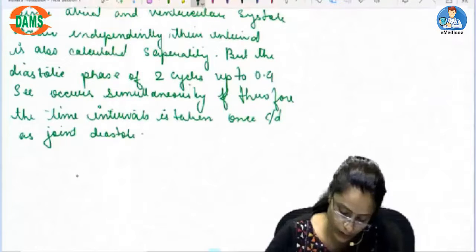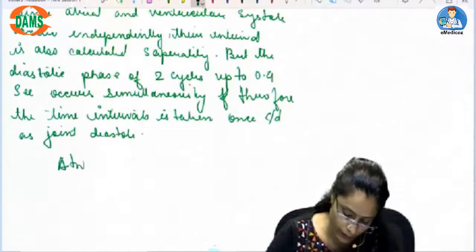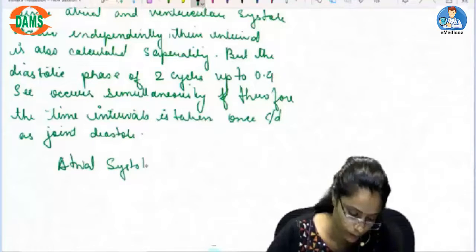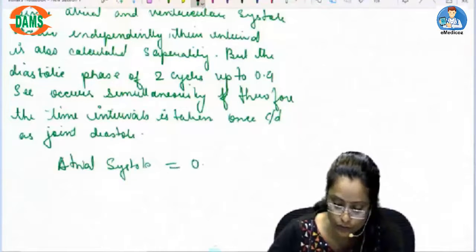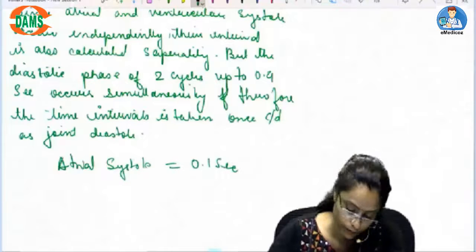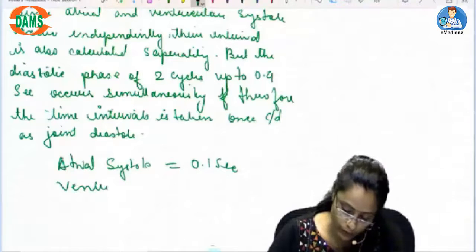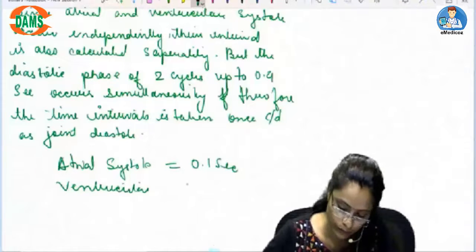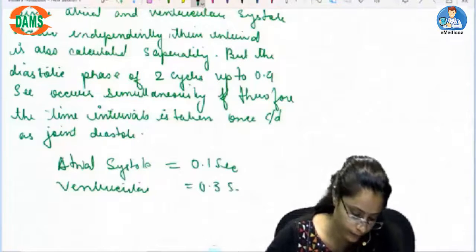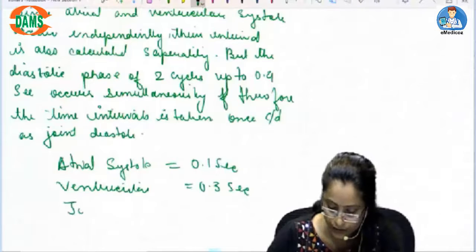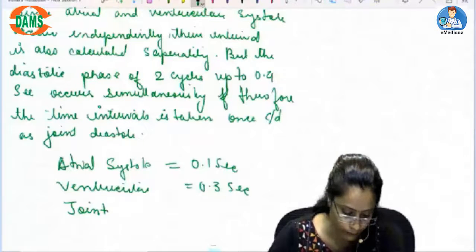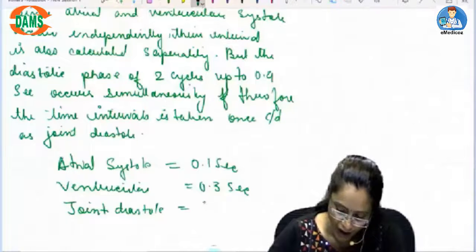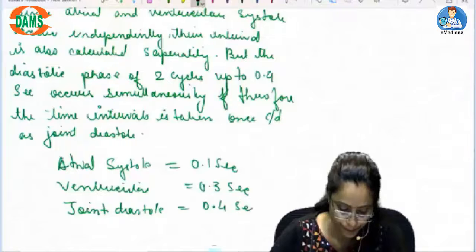So in total, arterial systole is 0.1 second, ventricular systole is 0.3 second, and joint diastole is 0.4 second.